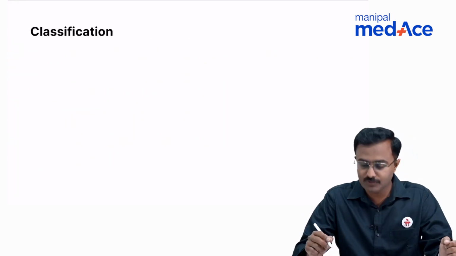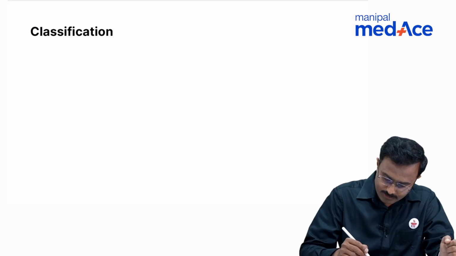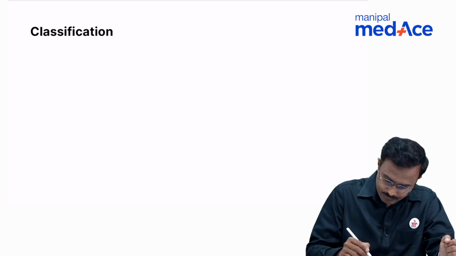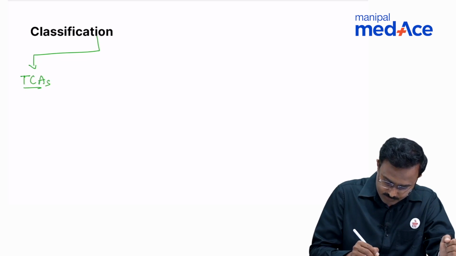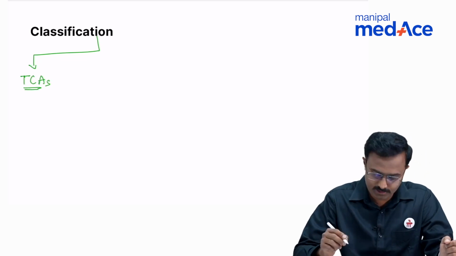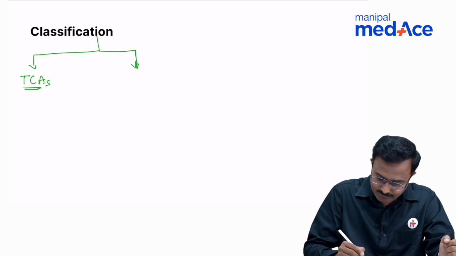Coming to the classification of it, broadly at least you need to know that tricyclic antidepressants, short form TCAs, is the first group of antidepressants that were historically of significance.